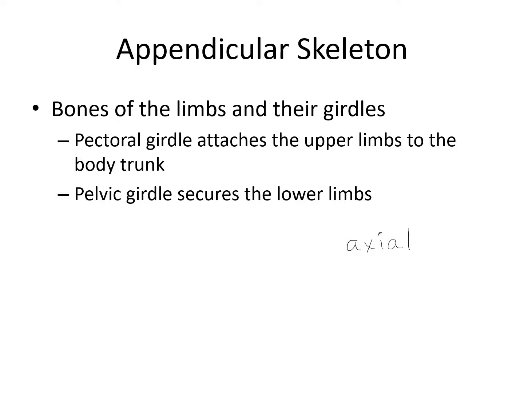The appendicular skeleton consists of the bones of the limbs, so upper limbs and lower limbs, as well as their girdles. A girdle is just going to be an attachment point for an appendage, in this case the limbs. So the pectoral girdle attaches the upper limbs to the trunk of the body, while the pelvic girdle secures the lower limbs.